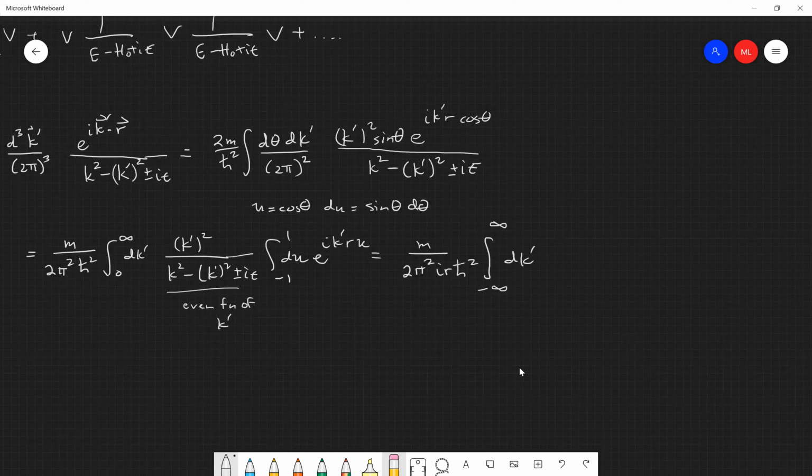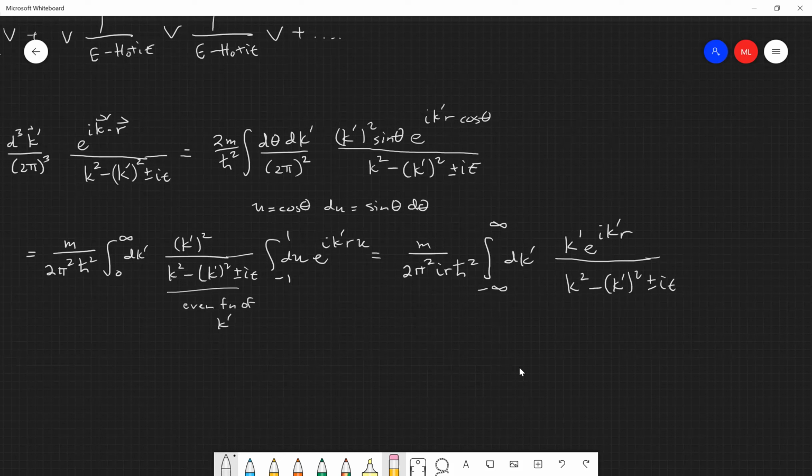One of the factors of k prime cancels just from this integration, and you get k prime over here. You get an e to the i k prime r. That's from, again, the leftover thing here. And all of this divided by k squared minus k prime squared plus or minus i epsilon. So that's the integral you're left with.